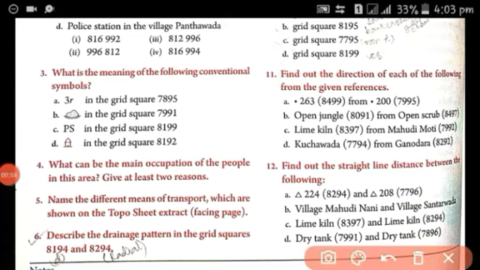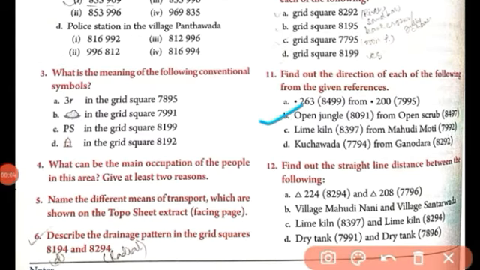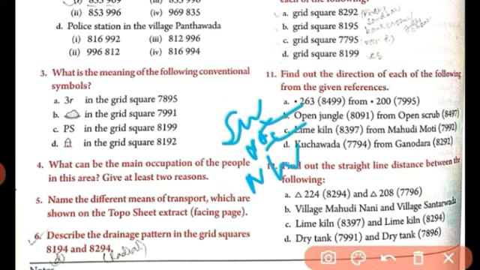In the map, this is in the southwest direction, this is in the northeast direction, and the last one we have is the northwest direction. Open jungle 8091 to 8497.